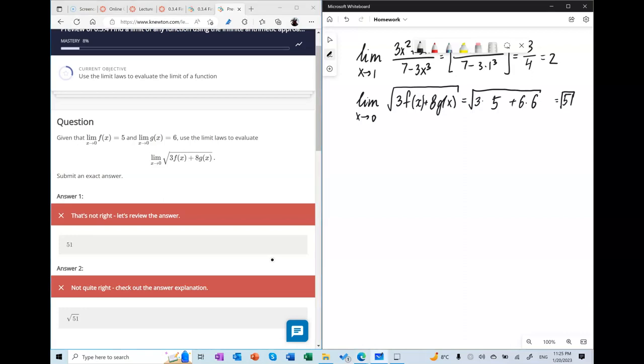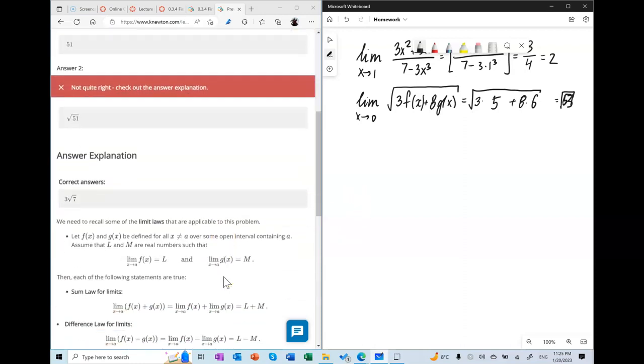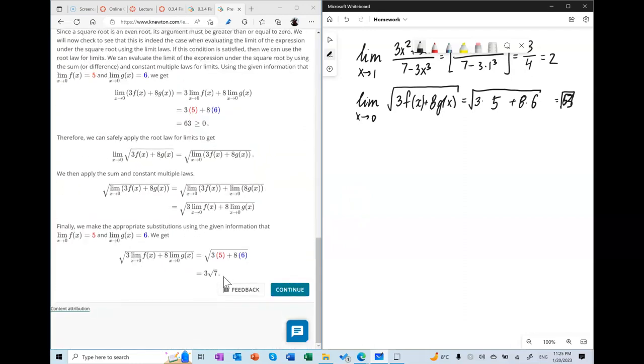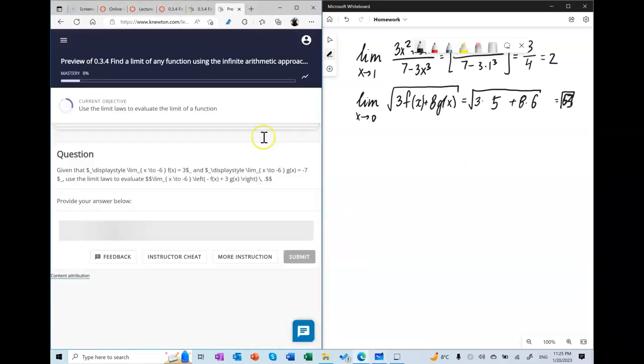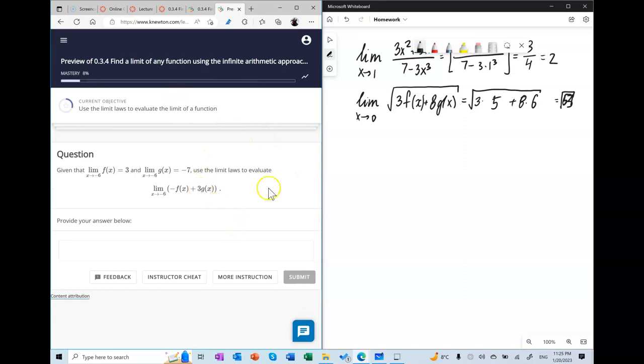I guess lesson learned, don't make typos. 48 plus 15 is 63. So it's not going to give me, I don't think it's going to give me another chance here. So I might have to redo this problem. It's going to set me back a little, but not a big deal.